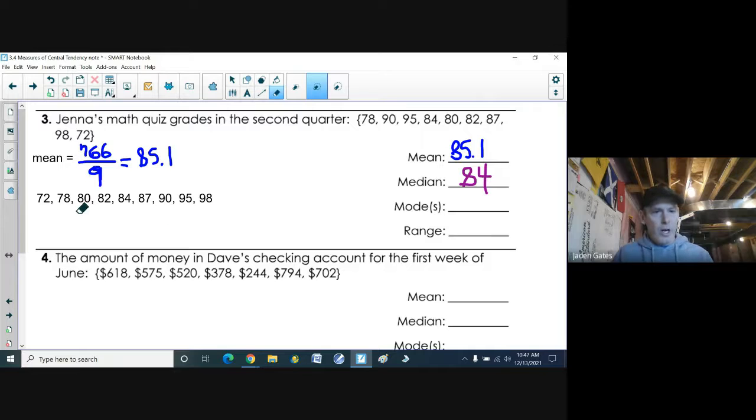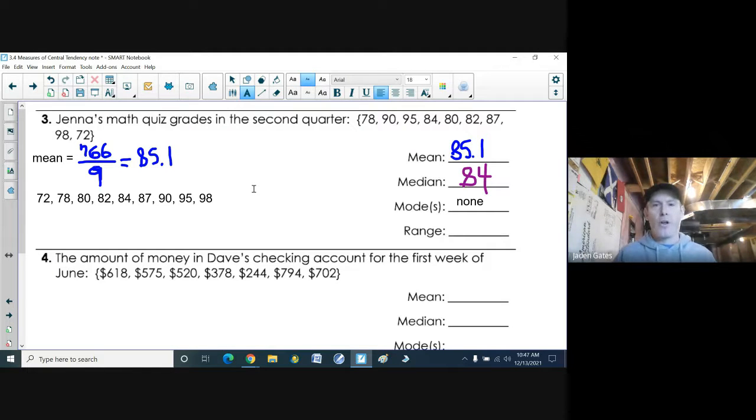If you look here, we have no repeats. And if you have no repeats, we don't have a mode. They all occur an equal amount of times. So that can happen. We had 2 modes, 1 mode, and no modes. So when they all occur equally, then you have no mode.